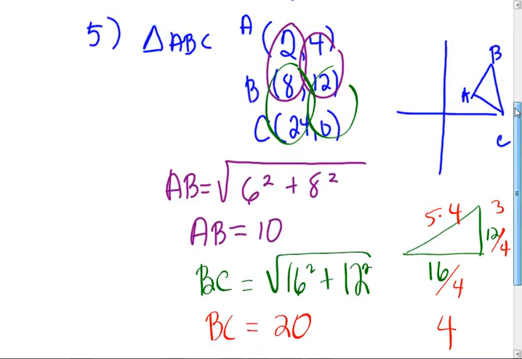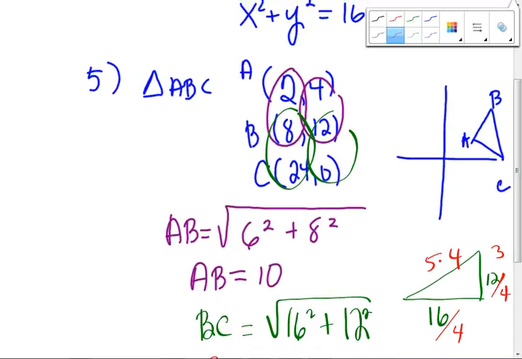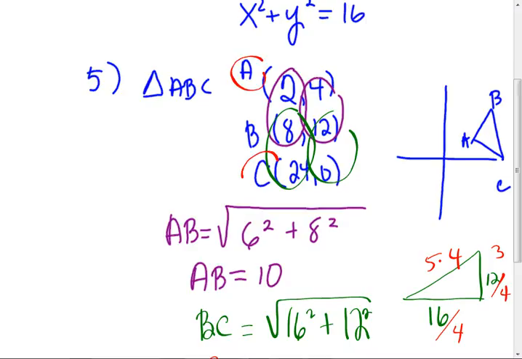What's the last one I got to do? I got to do A to C, I need a different color. So AC equals, okay, 2 to 24, it's 22. 4 to 0 is 4.